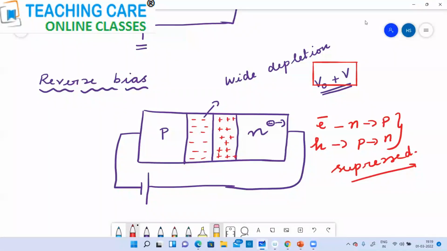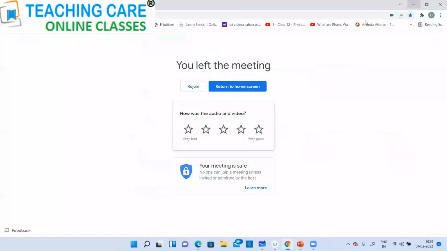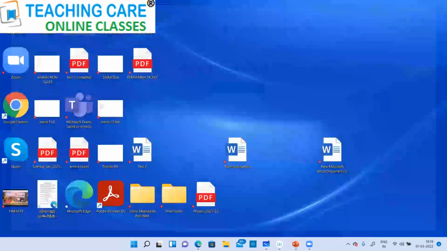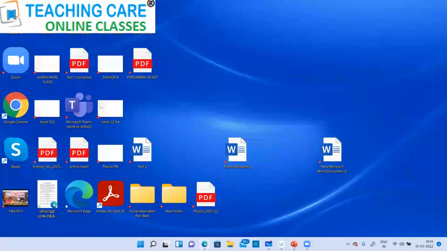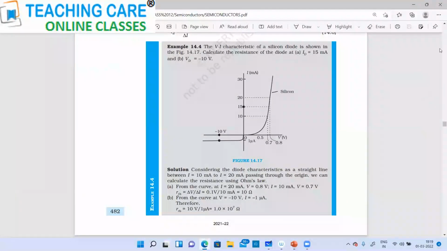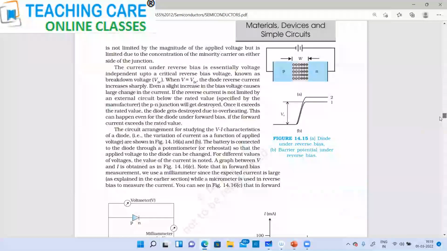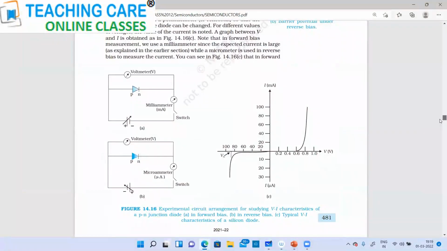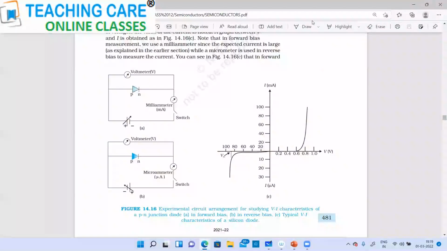So we are going to plot the VI characteristics, the potential difference versus current characteristics of a forward and reverse bias. Can you see the screen textbook? Yes, ma'am.